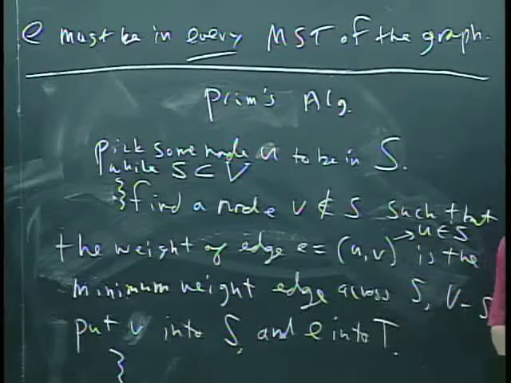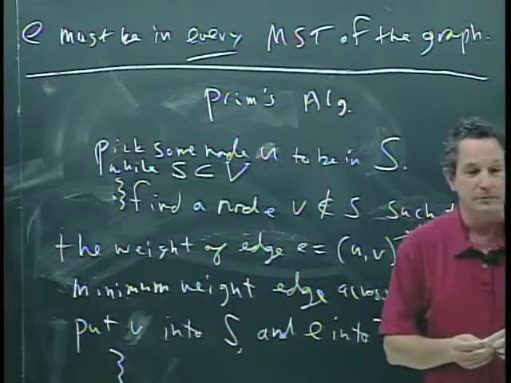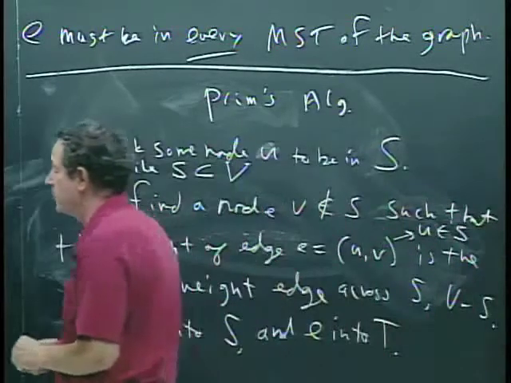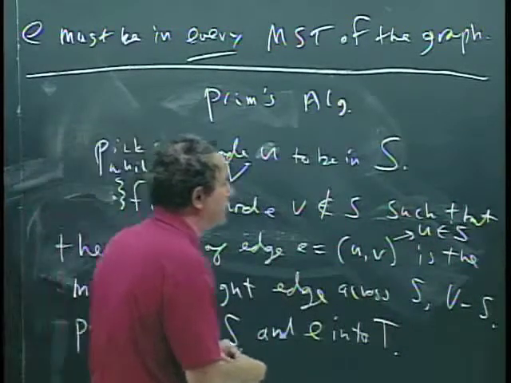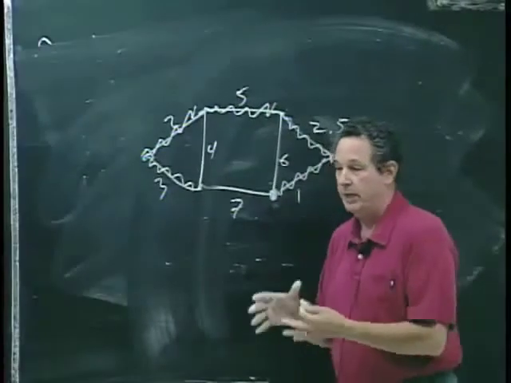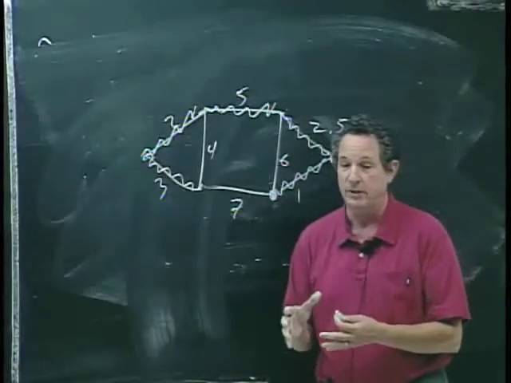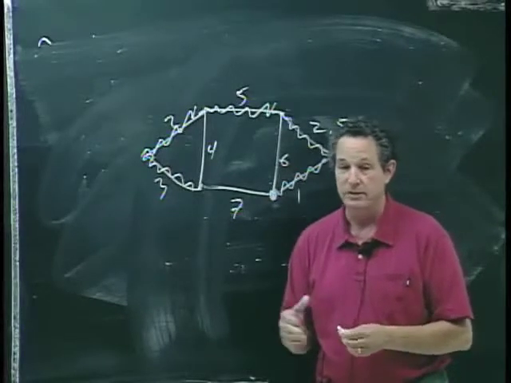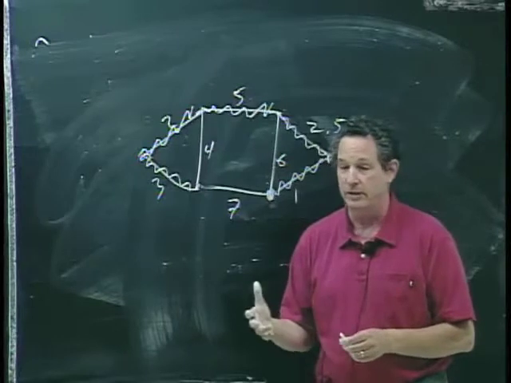Yeah? Because it just uses the lemma, multiple times? Yeah, this is really directly using the lemma. Every time it chooses a new edge, it is explicitly seeing a subset S, which is the set of nodes that have been taken already into the tree, and a subset V minus S, which are the nodes that are not yet taken into the tree.